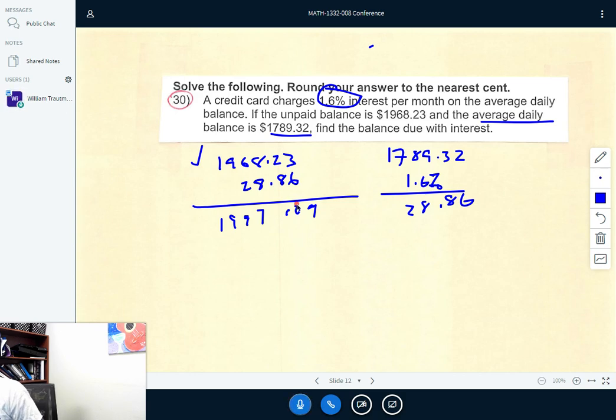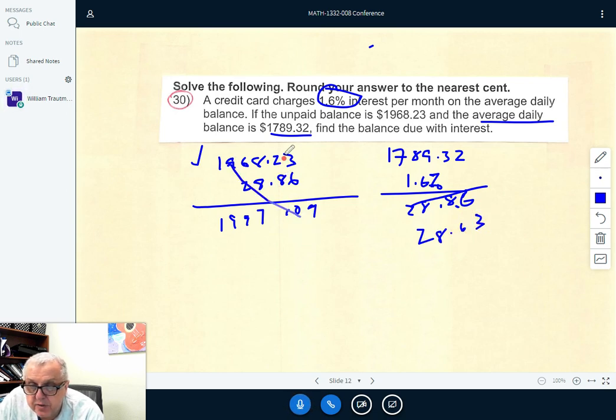Okay, something is a little off. Did I type something incorrectly? Okay, so 1789.32 times 1.6% is not that. It's 28.63.